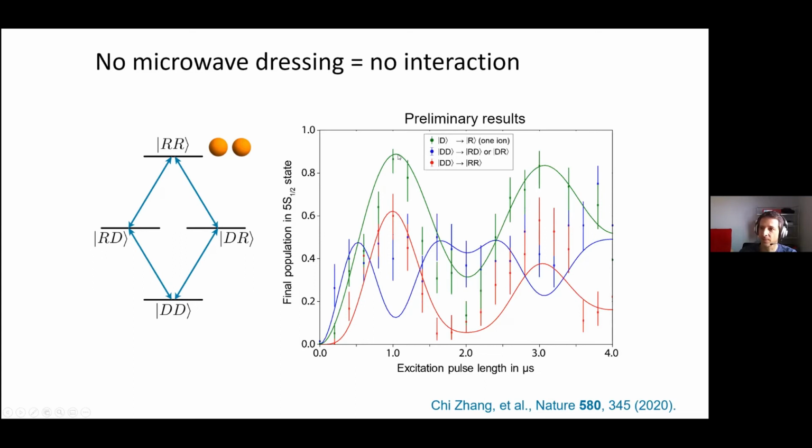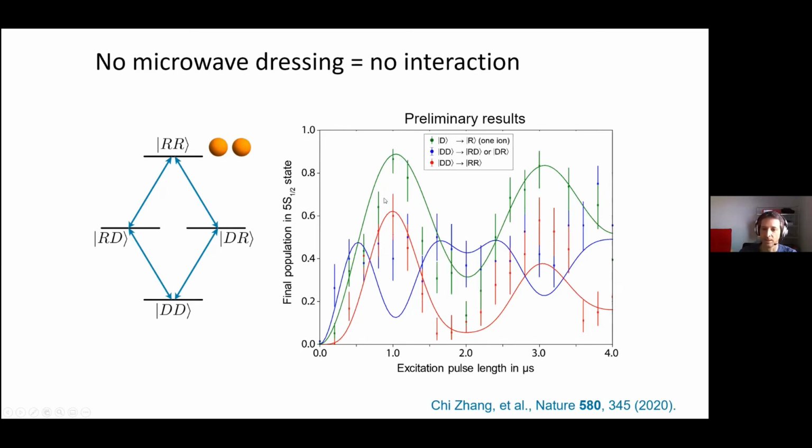0.8 something. And if you now have two ions next to each other and they are independently excited, then you have P, the probability of one ion being excited, just squared. Okay, so each of them gets independently excited. So P squared should be the case for two ions with respect to one ion.